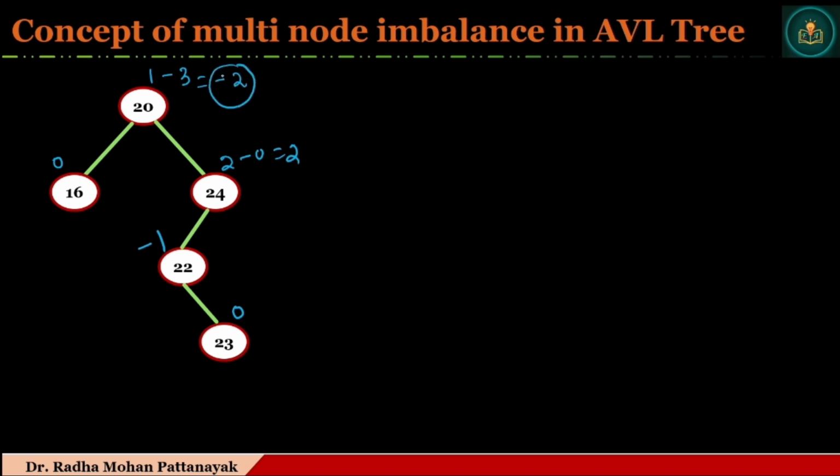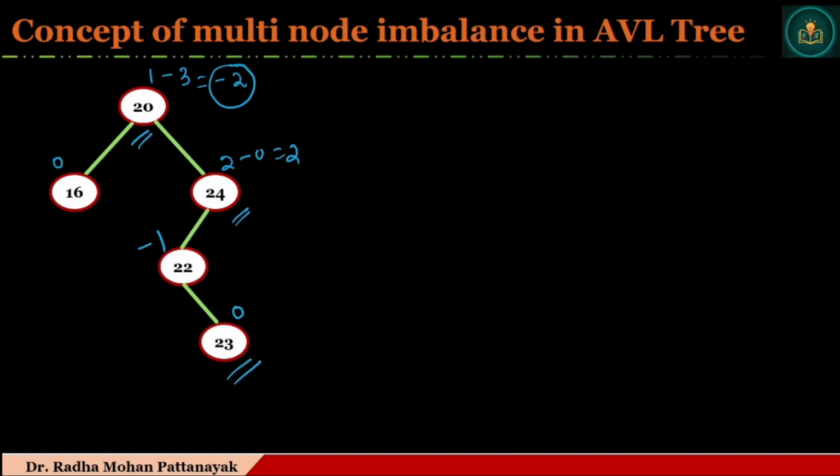I hope you understood. So after insertion of 23, you can observe here the balance factor of 20 as well as 24 got imbalanced. Means two nodes got imbalanced. If two nodes got imbalanced, then how will you decide which node you will balance first? That you need to decide.